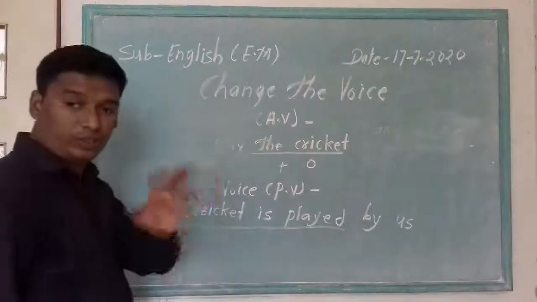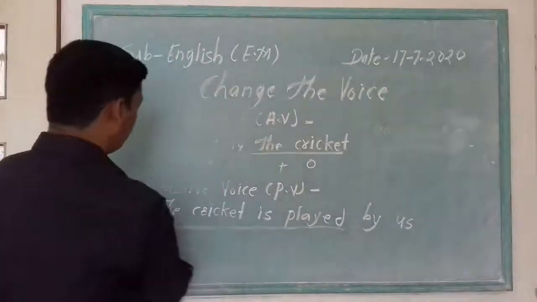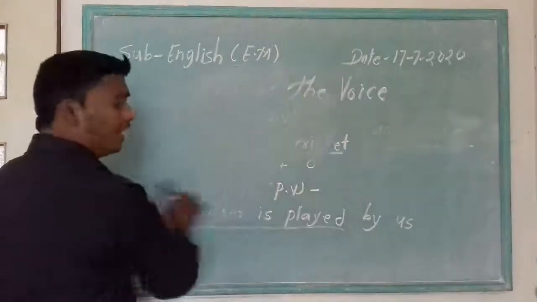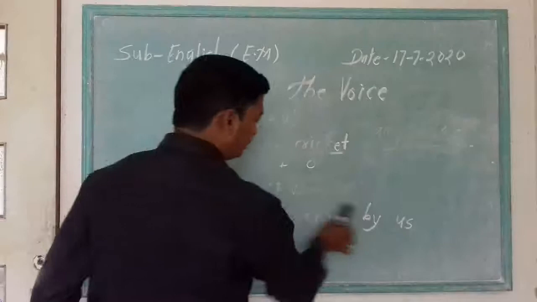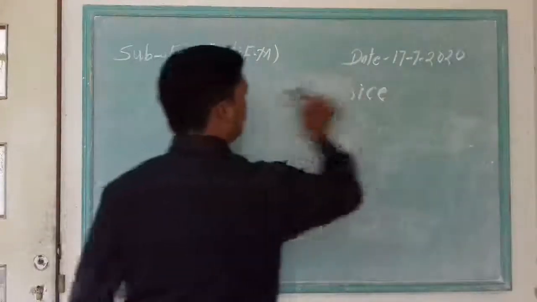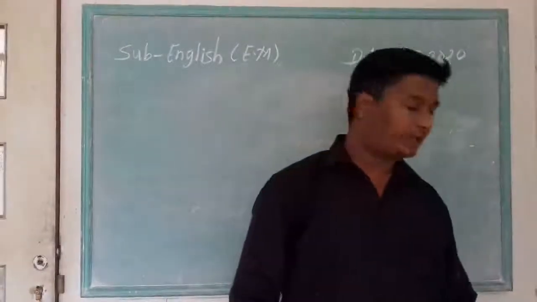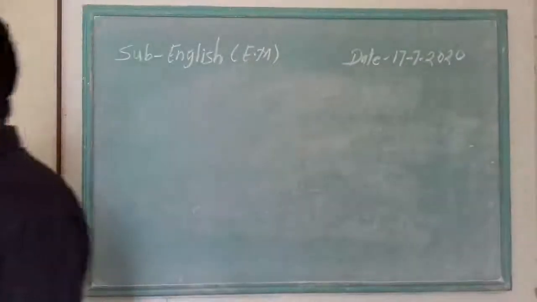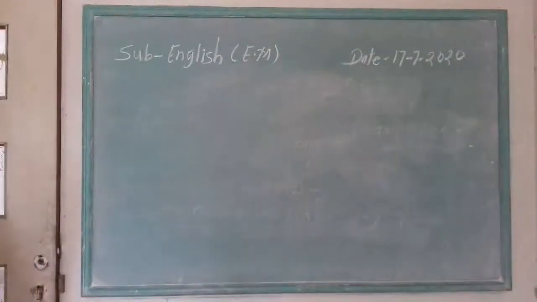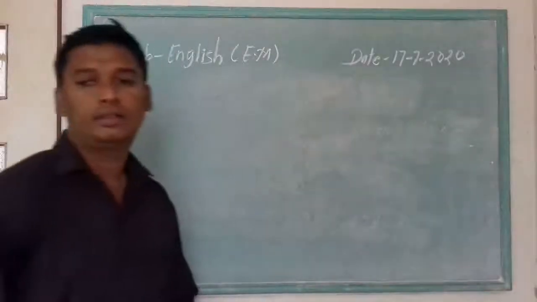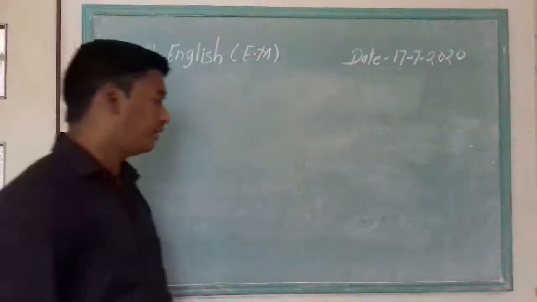Now next rule, leave one line. Next rule: write that object at the place of the subject in the PV sentence.